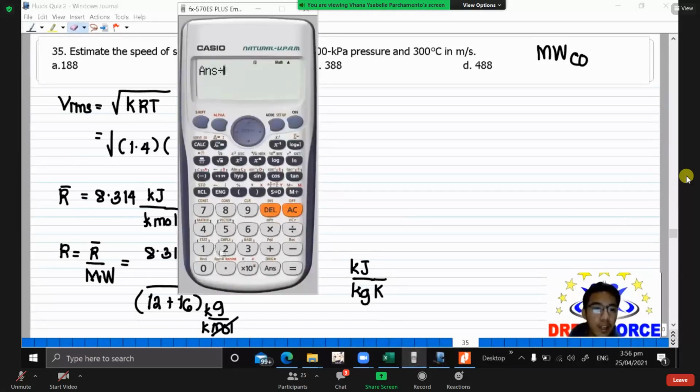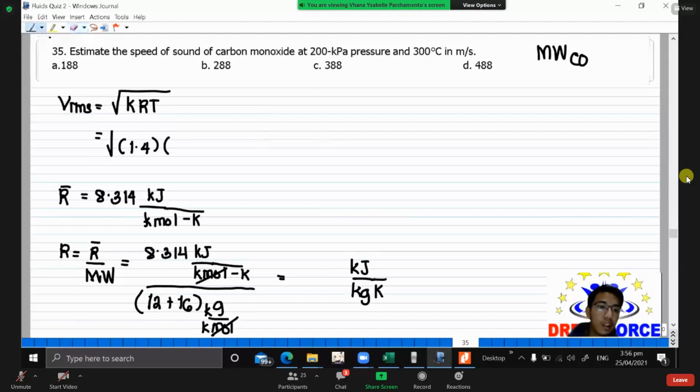So, 8.314 by, ilan to? 28. 0.2969. Okay, lagyan natin dito 0.2969, in kilojoules per kilogram Kelvin.